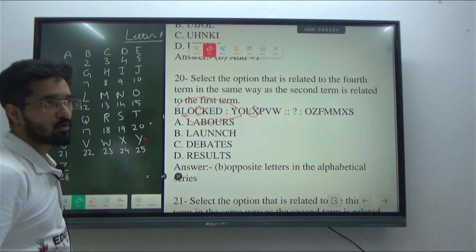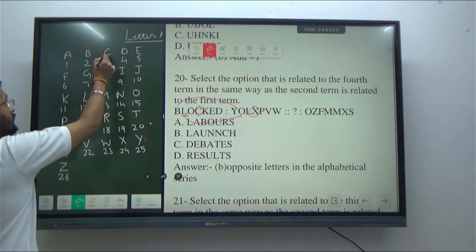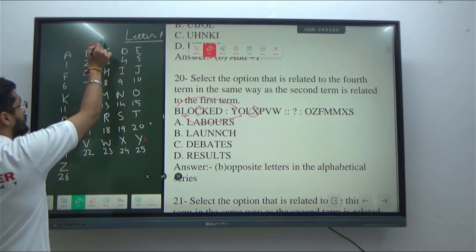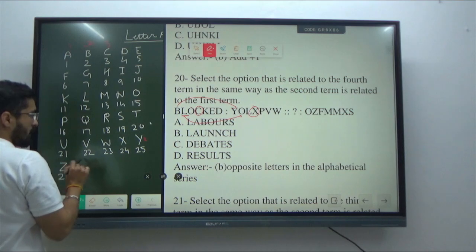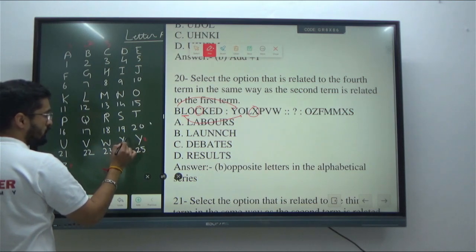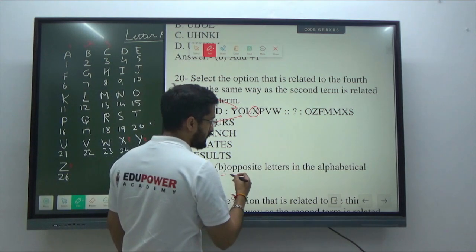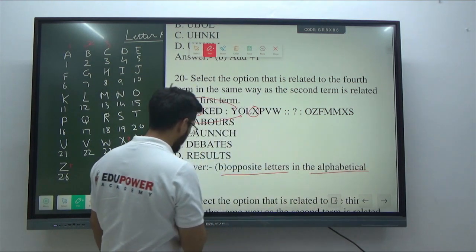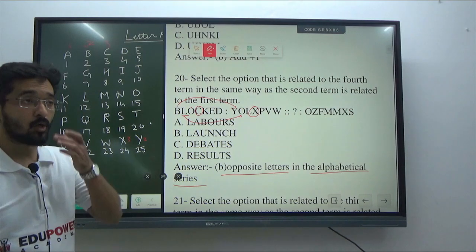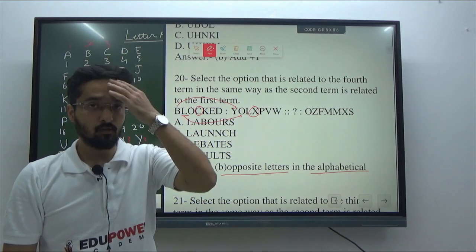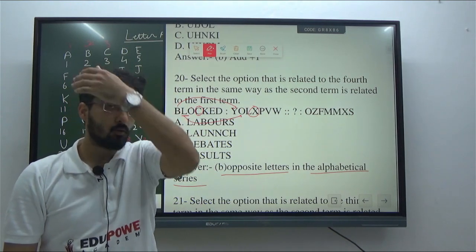Letter on letter we have to compare. C is 3rd from the front, 1 2 3, and X is 3rd from the back, 1 2 and 3. So they are opposite letters in the alphabetical series. Okay.